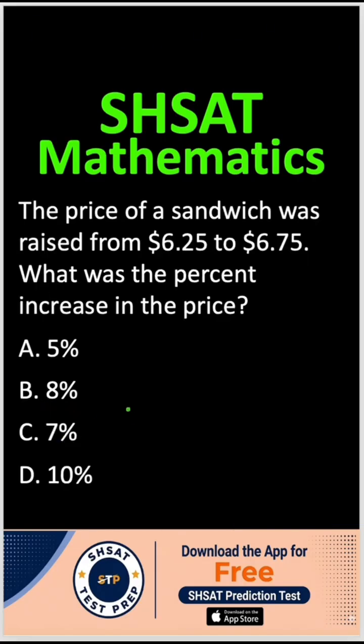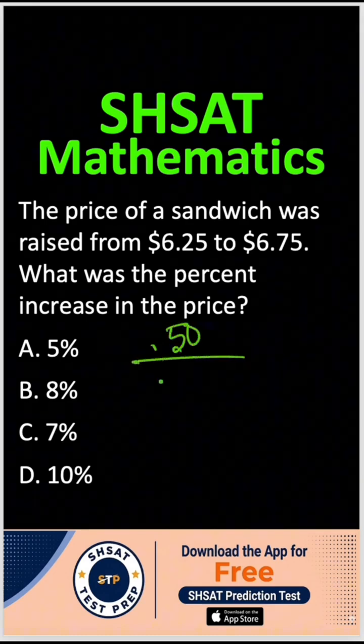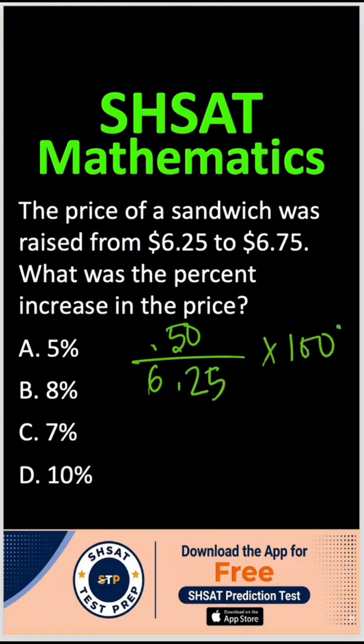Next, we have, the price of a sandwich was raised from $6.25 to $6.75. What was the percent increase in the price? So again, we have to use the same formula, which is change over original times 100%. So the change from 0.25 to 0.75 is 0.50. And the original price is 6.25 times 100%.